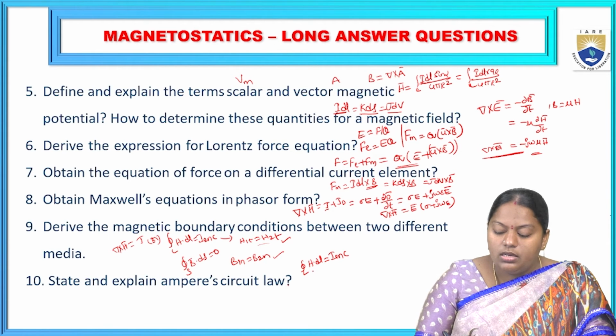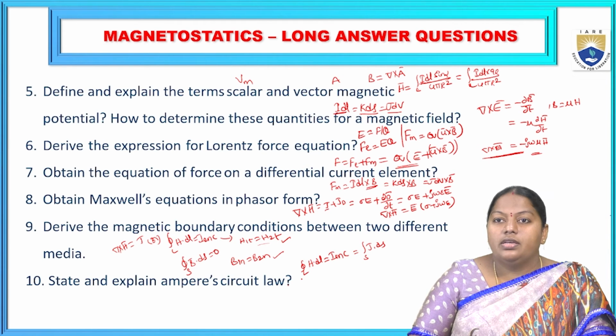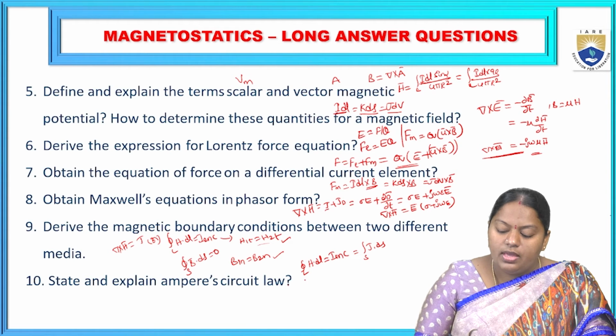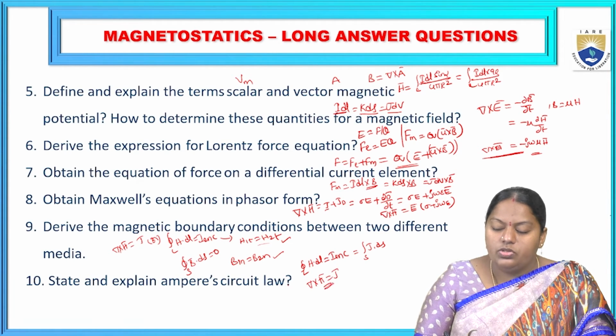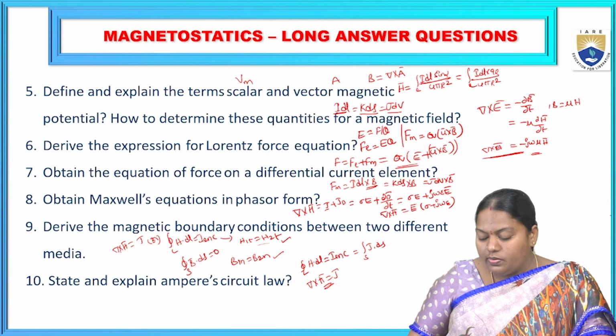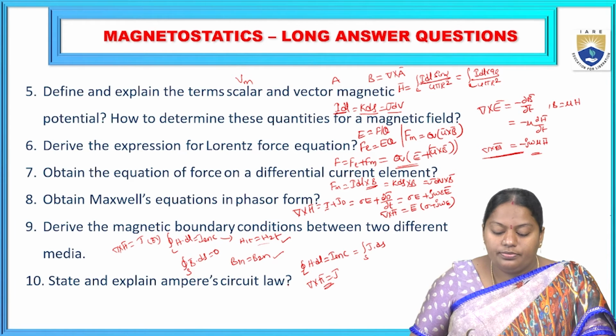That is, the integral over L of H dot dl is equal to I enclosed, which is nothing but the integral over S of J dot ds. By applying Stokes theorem to this equation, it becomes del cross H bar is equal to J. Right? So Ampere's circuit law gives us the relation between line and surface integrals.